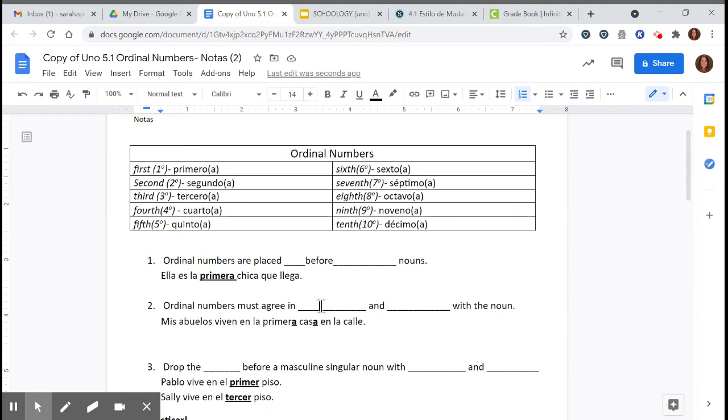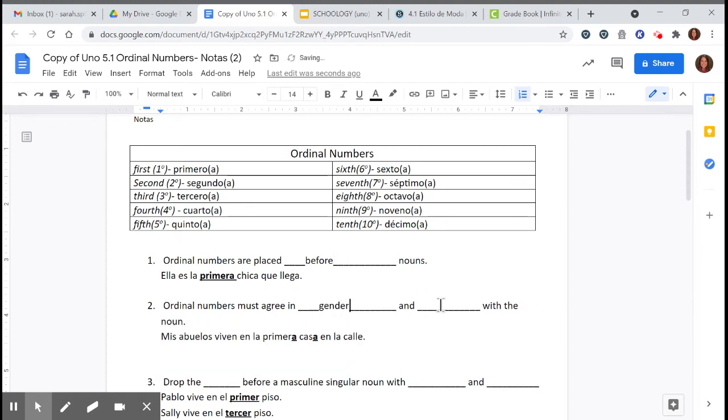For number 2, it says ordinal numbers must agree in gender and number with the noun. So basically what we're talking about is you need to recognize first, is your noun masculine or feminine? So you need to make sure we use that either O or A ending. And is it singular or plural? So are we talking about one thing or more than one thing? So for this example, it says, mis abuelos viven en la primera casa en la calle.